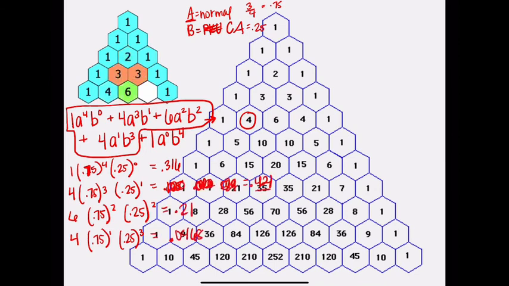Okay, sorry, I did this one wrong. That should be 0.421. Okay, so when we add all of these back together, I get 0.316 plus 0.421 plus 0.21 plus 0.0468, and I get 0.9938.